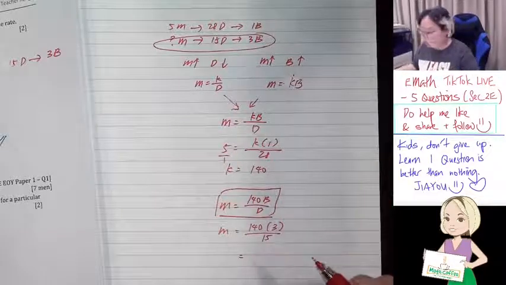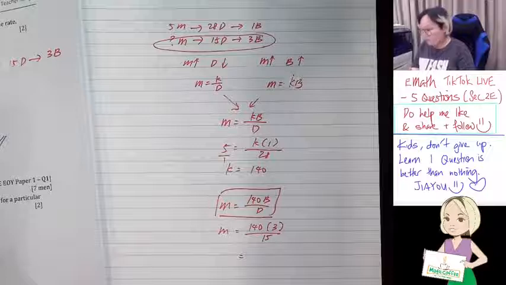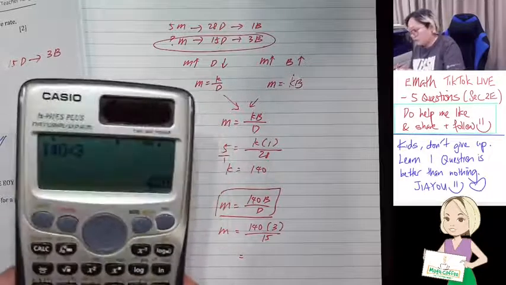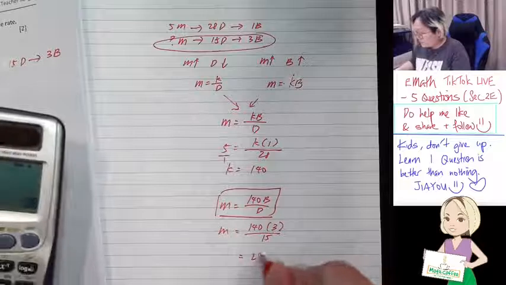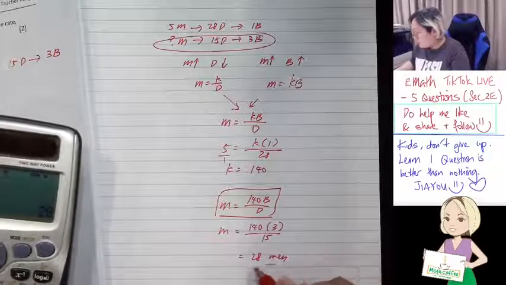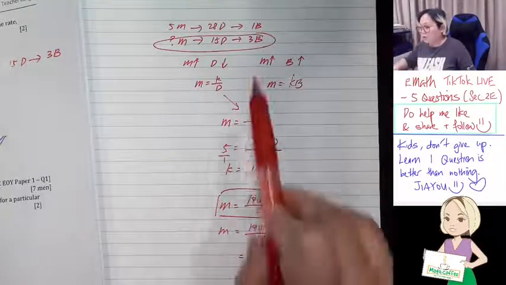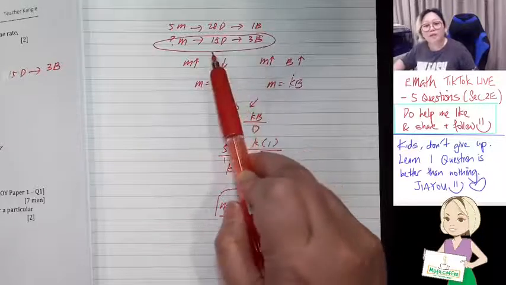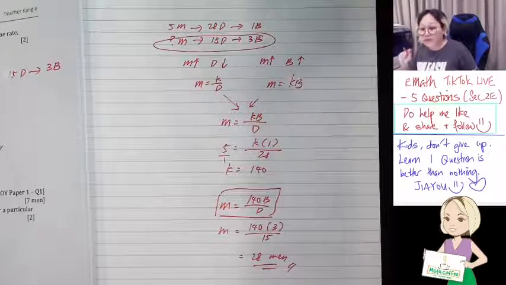Then of course press the calculator: 140 times 3, divided by 15. So that means I need to hire 28 men in order to complete the building of 3 boats within 15 days. Understand?